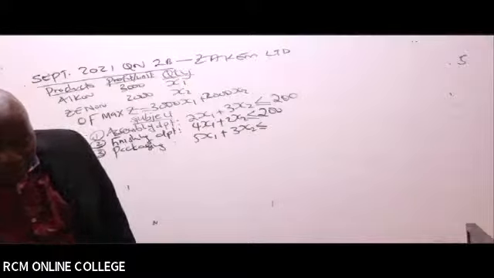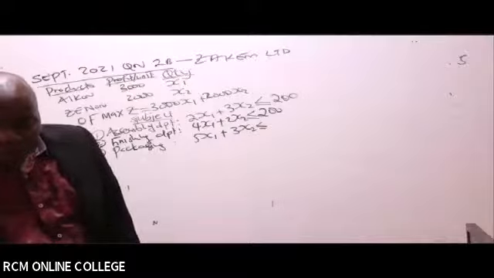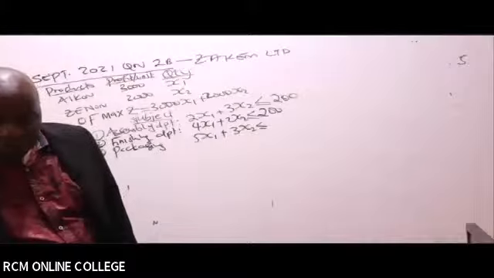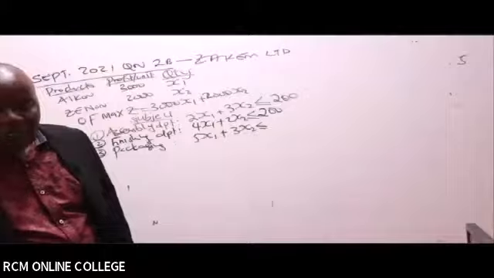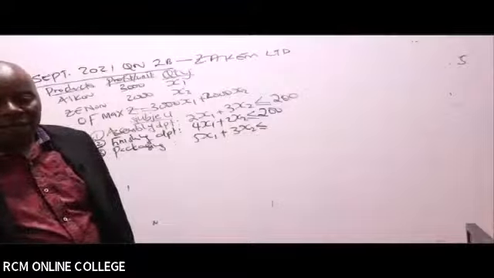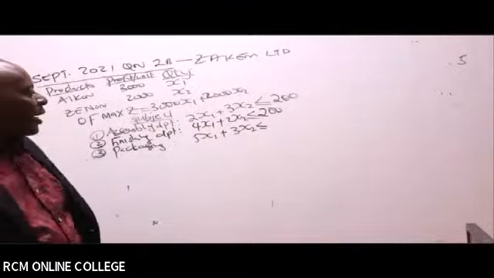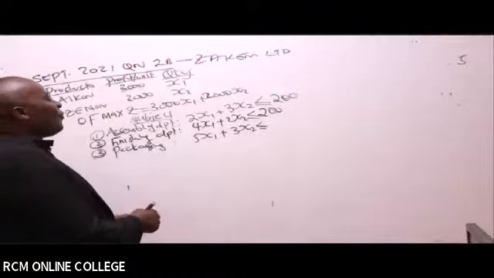What are we told here? There is a maximum of 200 hours in each of the assembly and finishing departments. In addition, a maximum of 400 hours of packaging are available. So for packaging, we have 400.